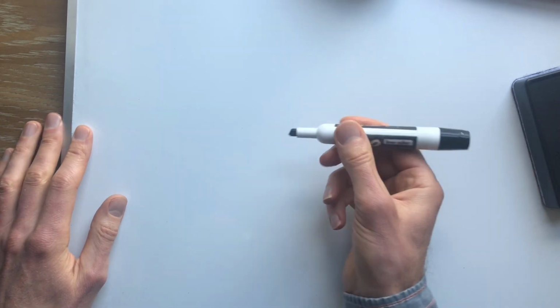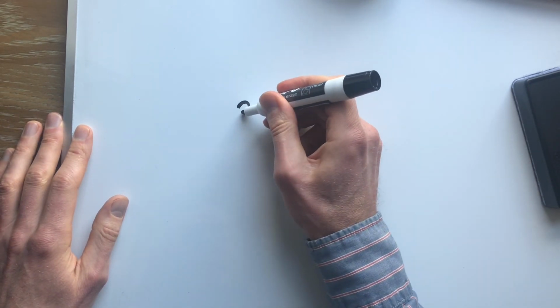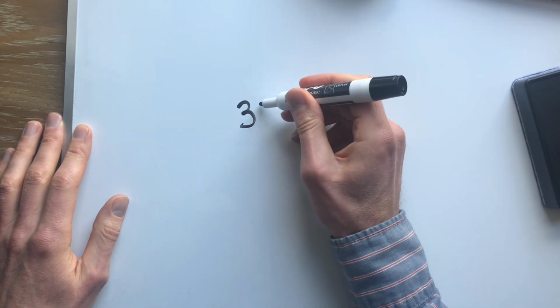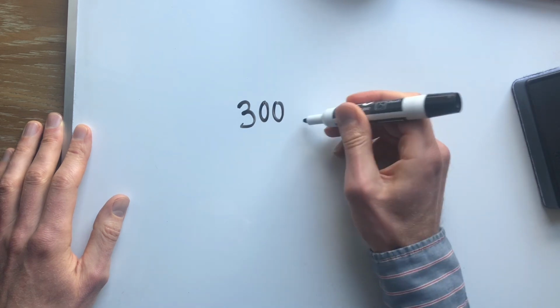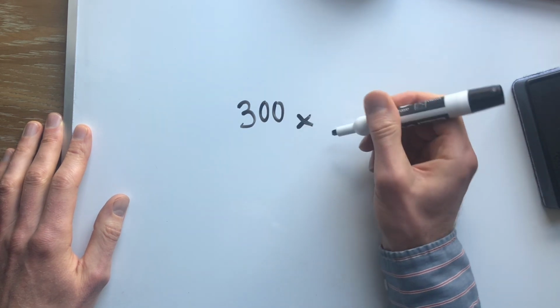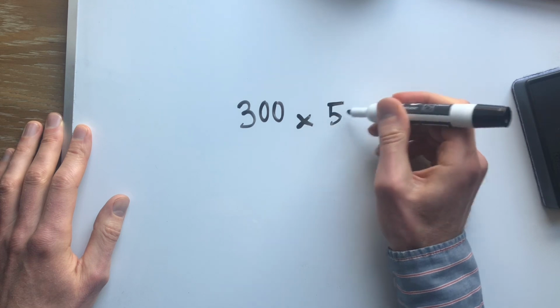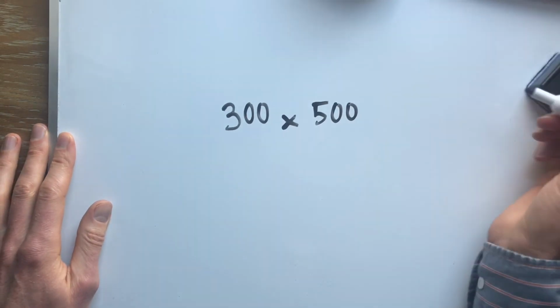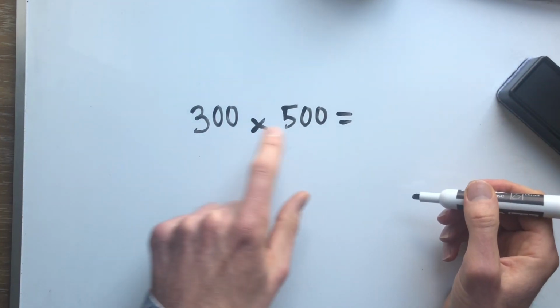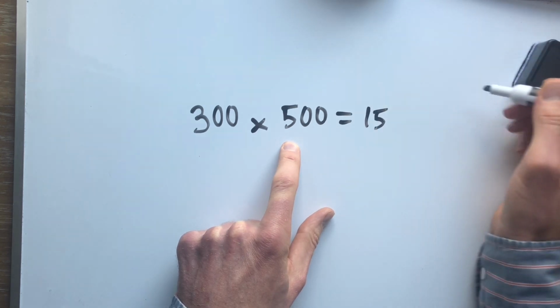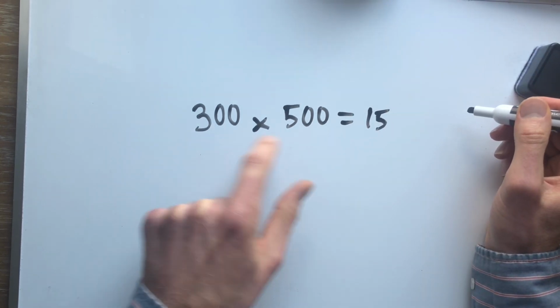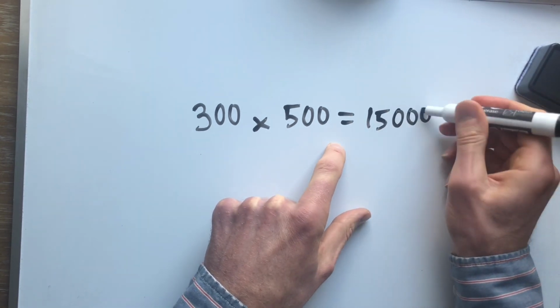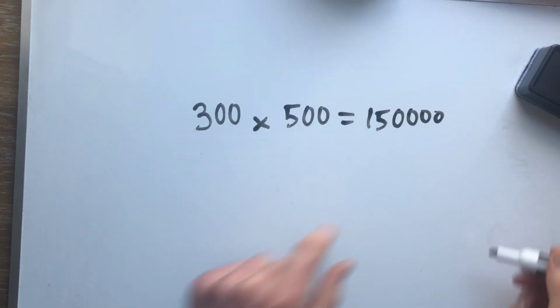So if you see a big problem like, let's say, 300 times 500, dang, that's a big number to solve. But if you know, well, 3 times 5 is 15, and I can just count the zeros, 1, 2, 3, 4, and add them over here, 1, 2, 3, 4, and then put the comma in the right place.